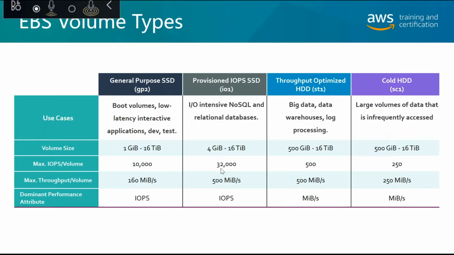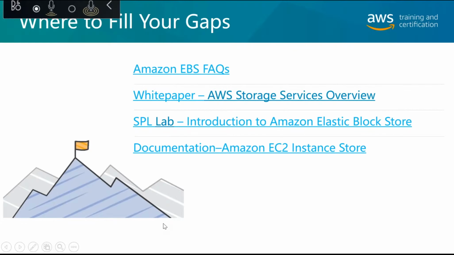And then what you have is cold HDD. And this is for infrequently accessed data, so large volumes of data that is infrequently accessed. And now you're looking at, again, throughput versus IOPS. And then we're going to go to the next slide.